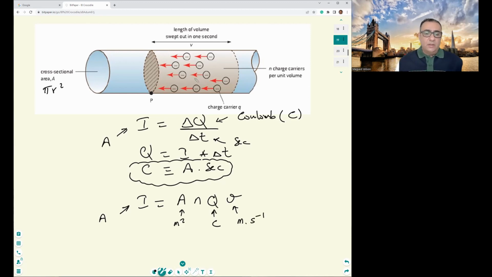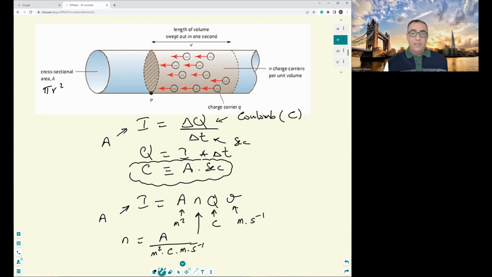Now let's try to find the units of n, and then we can talk about n as our second physical quantity today. The units of n are going to be ampere divided by meter squared, Coulomb, meter second minus 1.